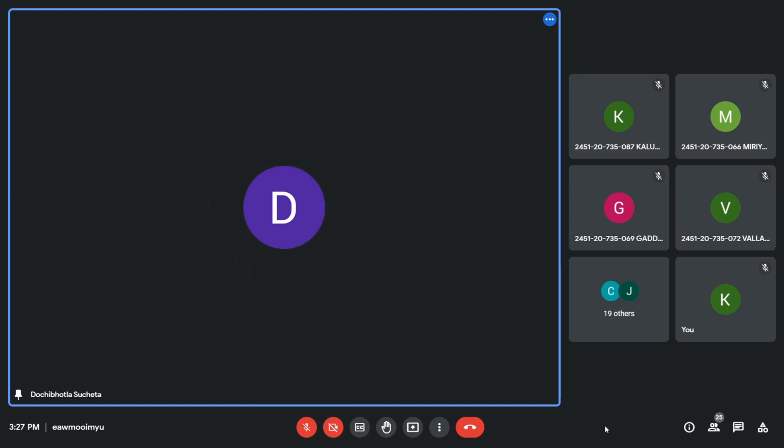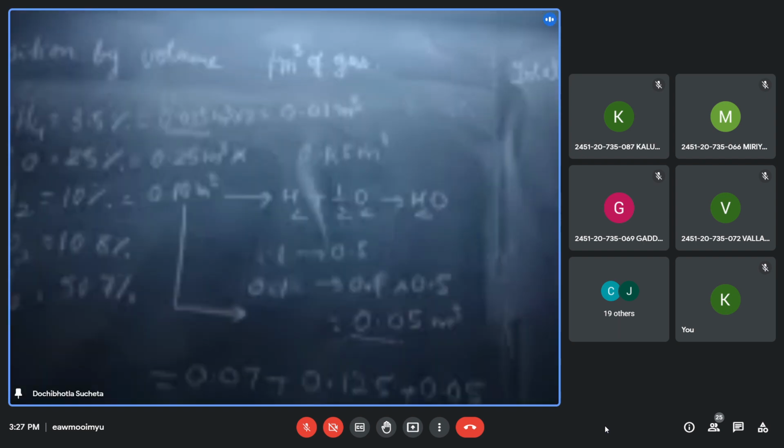Or I can say 28.94 into 10 power minus 3 kgs. Then do the calculation, considering the molecular weight of the air. What's the answer?